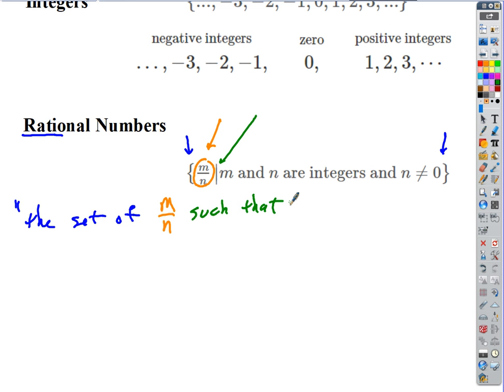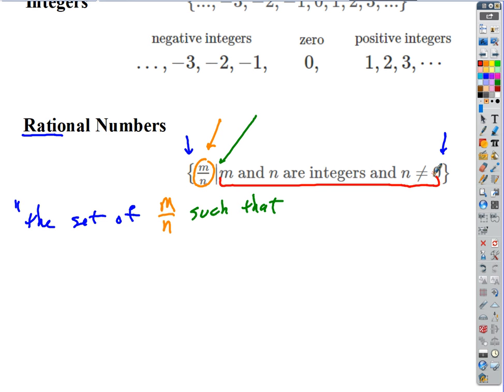I like to say such that. And then all this other stuff at the end: such that m and n are integers, right?